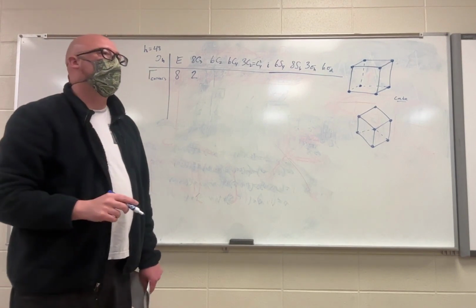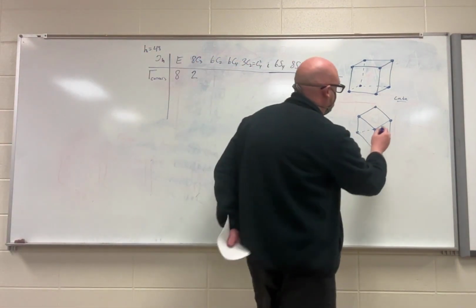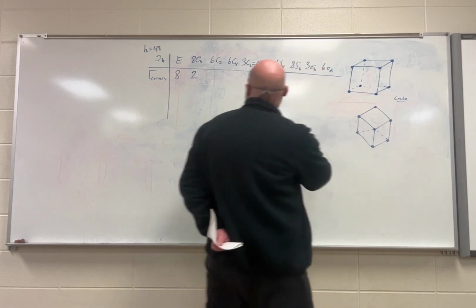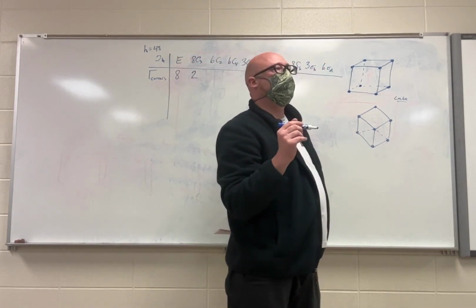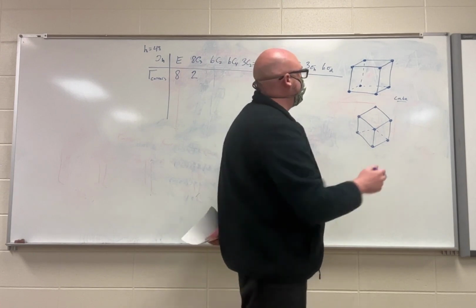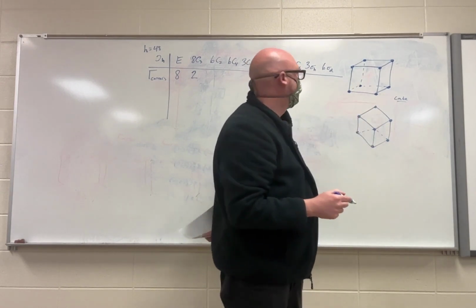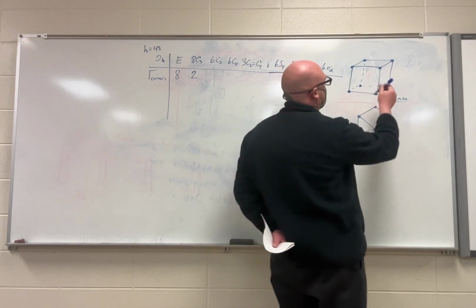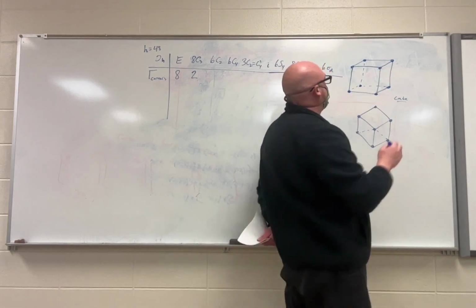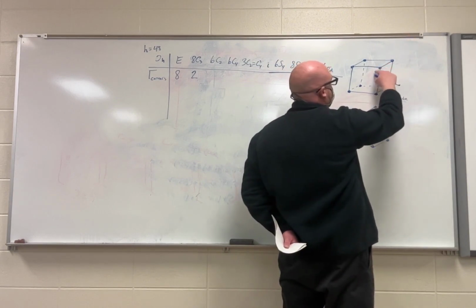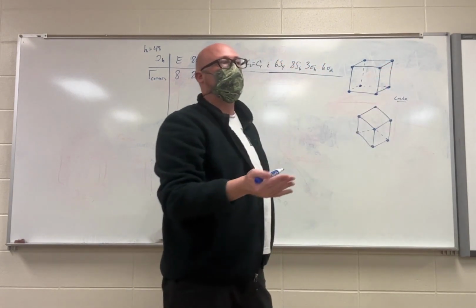Yep. Okay, let's go through that again. So I have 8 C3 symmetry operations, and those come from 4 C3 axes in this point group. Any one of those C3 axes will pass through 2 opposite corners of that cube.